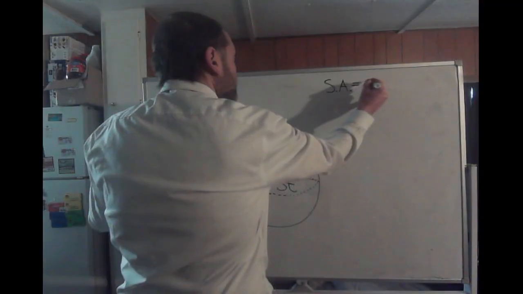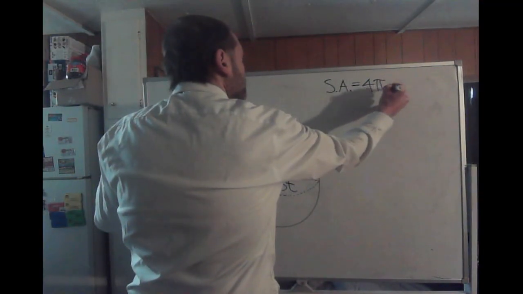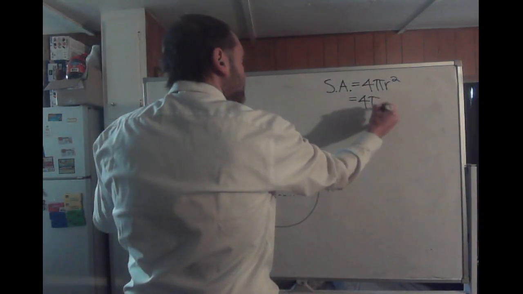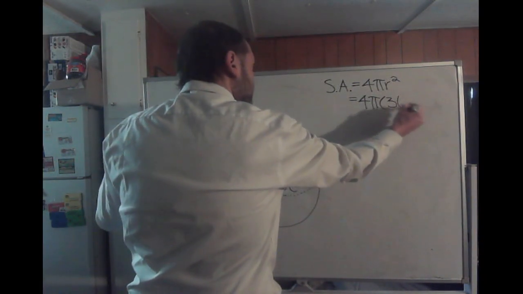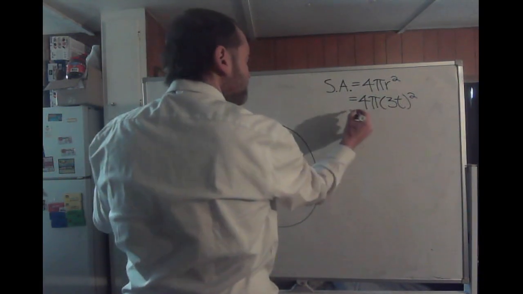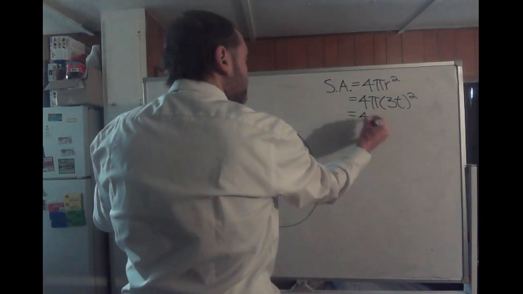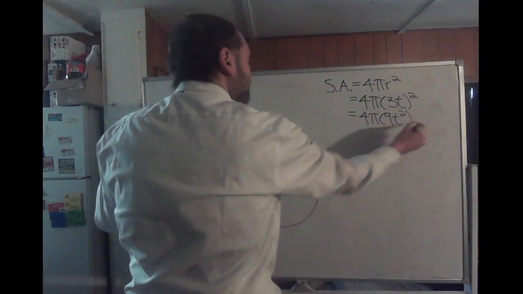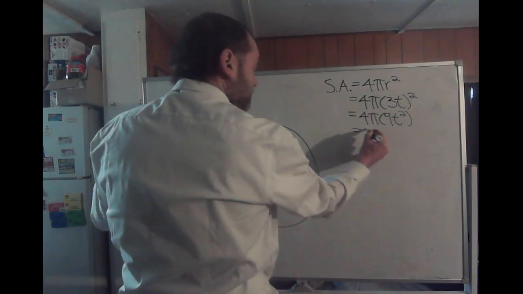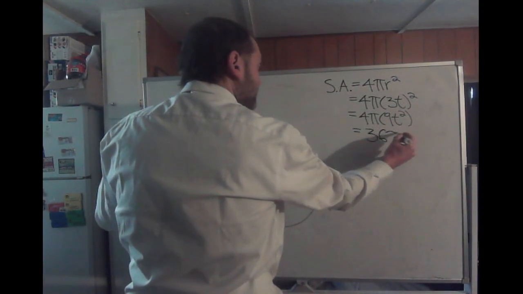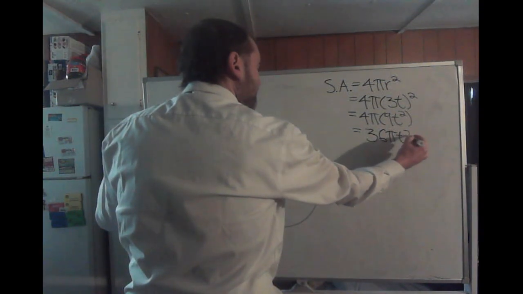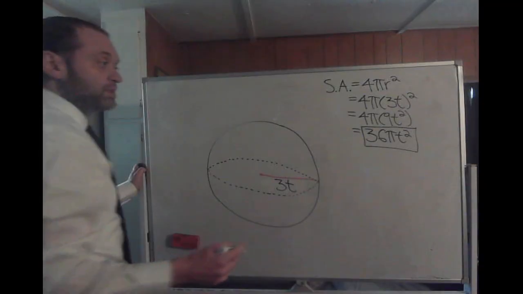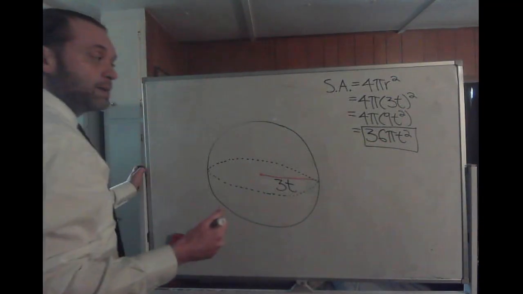The surface area is equal to 4 pi times the radius squared, which would give you 4 pi times 3t raised to the second power, which would give you 4 pi times 9t squared, which would give you a surface area of 36 pi t squared.